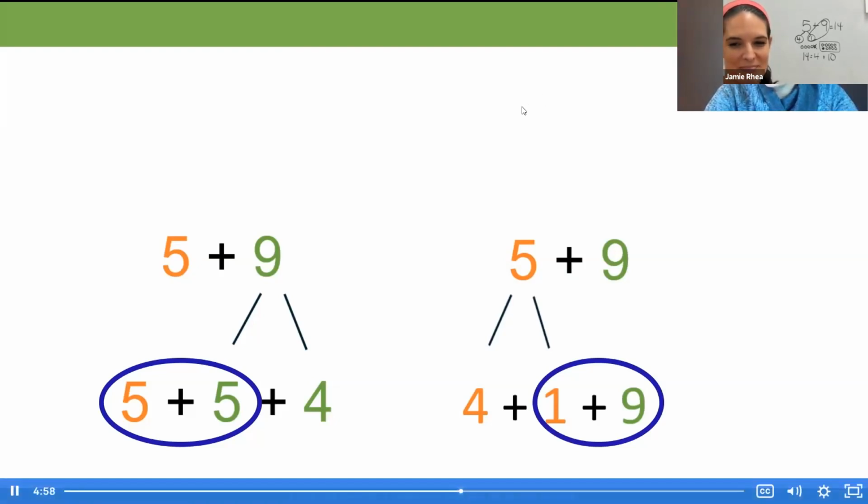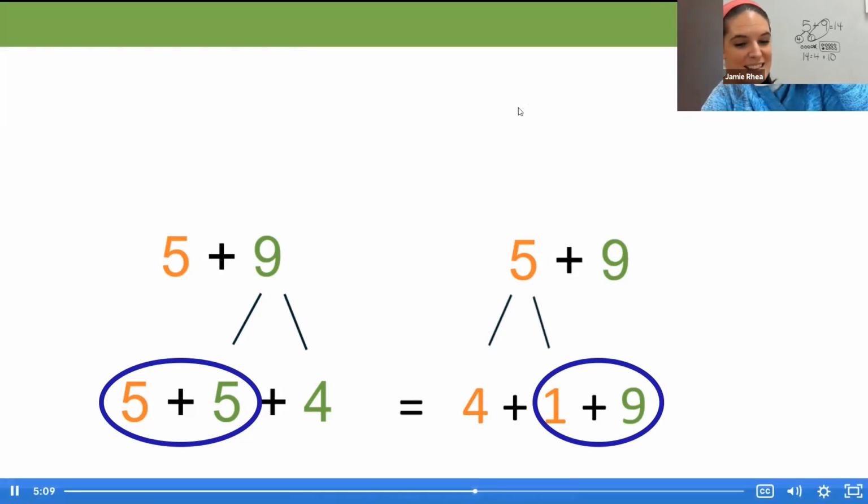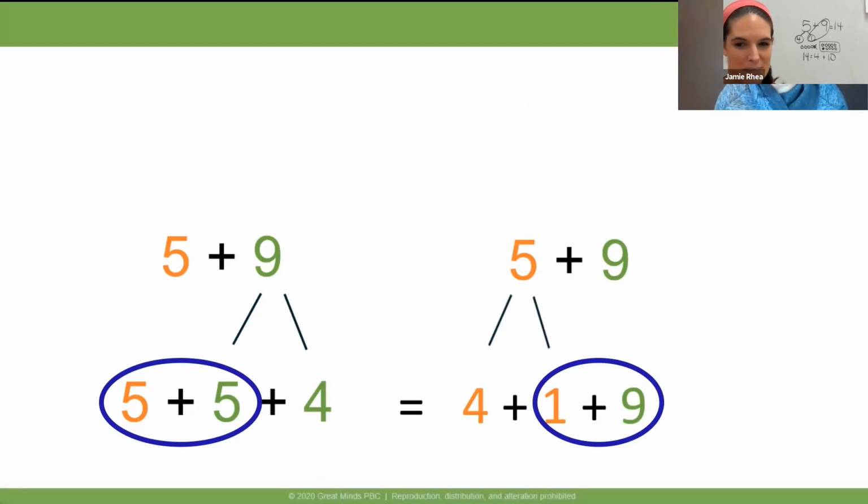Does that mean that 5 plus 5 plus 4 is equal to 4 plus 1 plus 9? Yes, it is. Wow, you are an excellent mathematician. Way to go. Is it okay if we make 10 with different numbers? Yeah. It sure is. They both equal 14.